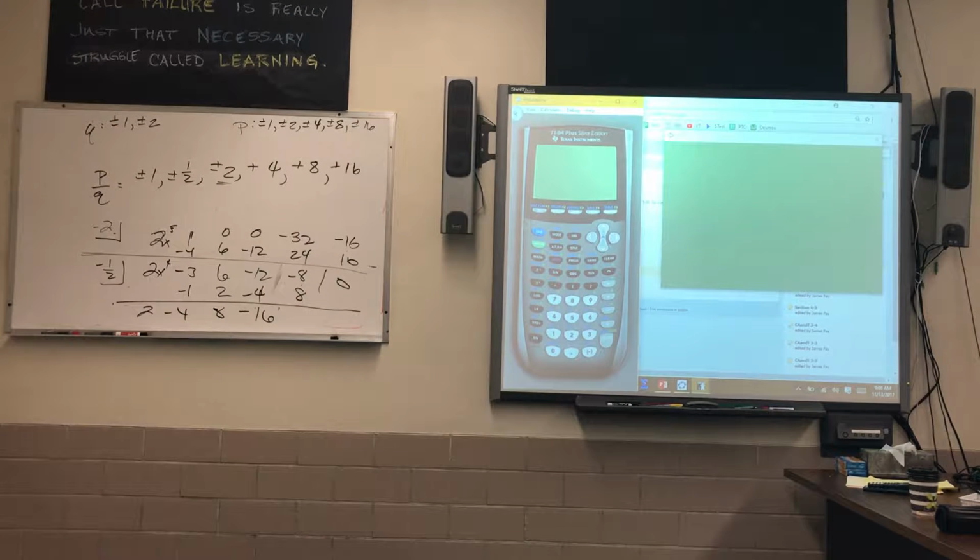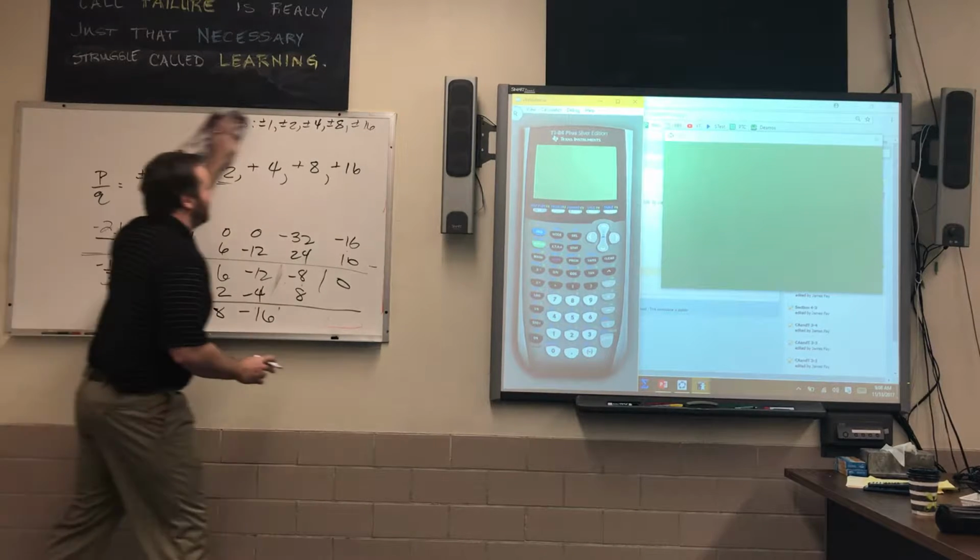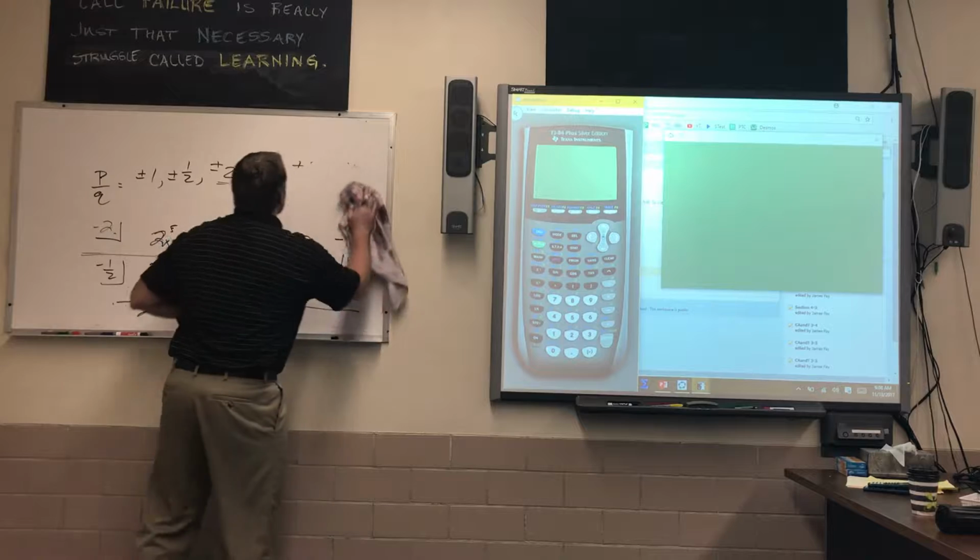It is useful, but because we have a little better technology than Descartes did when he was coming up with this, when our overall task is to factor a polynomial, we're for the most part going to ignore his rule of signs.